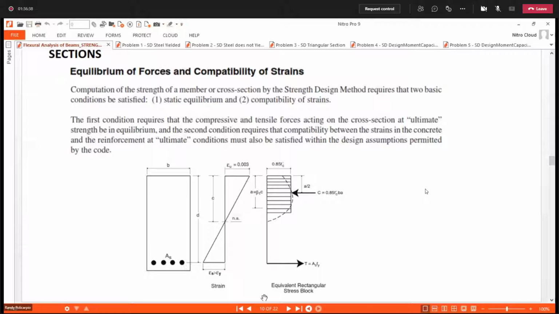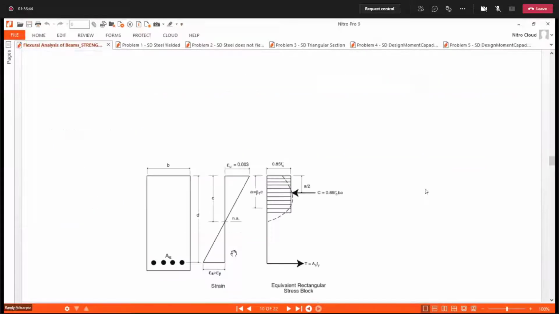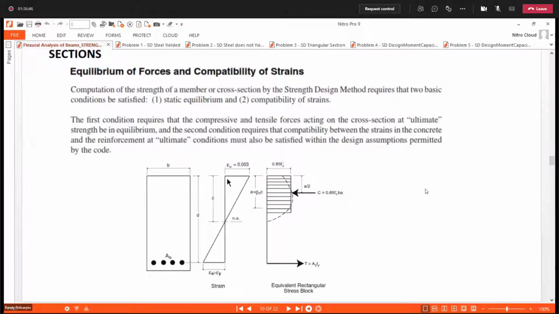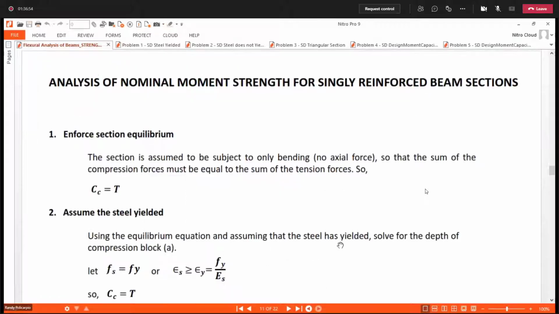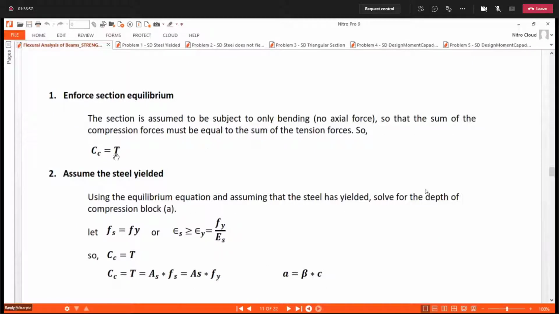Also here in our strain diagram, yung ating usable strain in the concrete is 0.003. So yun yung ating strain. Okay, so applying equilibrium, using the forces, the compressive force is equal to the tension force.